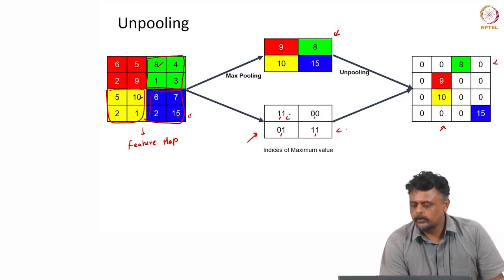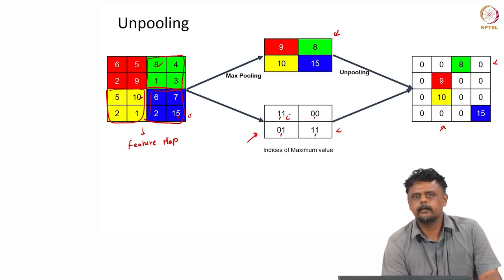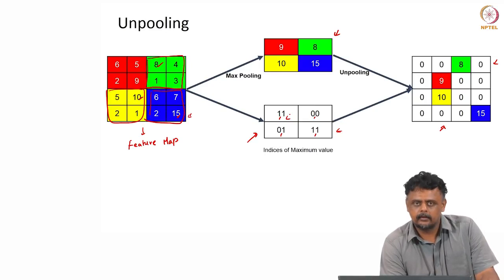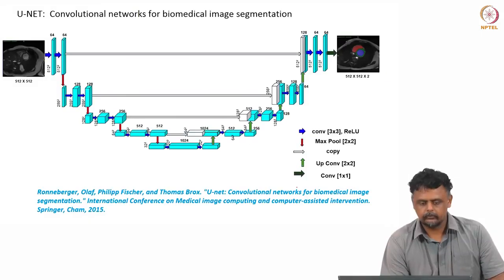Once the max unpooling is done, by assigning the values to the larger matrix as indicated, we can then proceed to do convolutions. The convolutions are done as in a usual conventional neural network, and of course the network learns to fill in the activations appropriately.